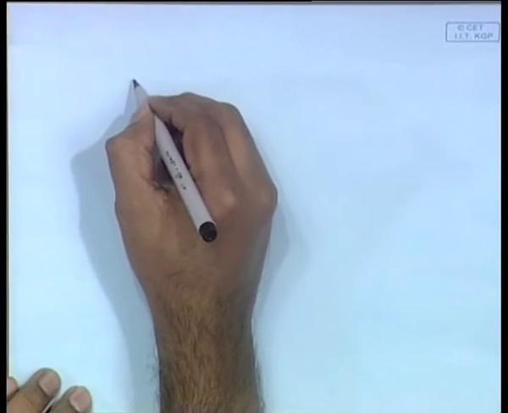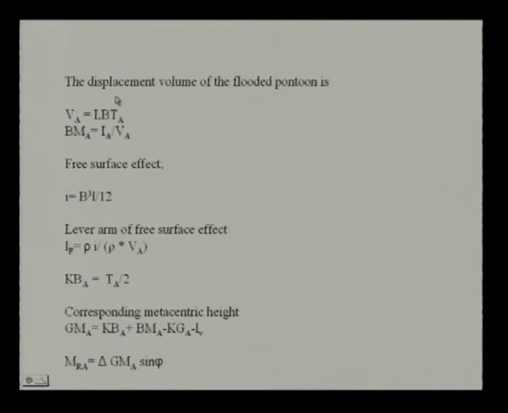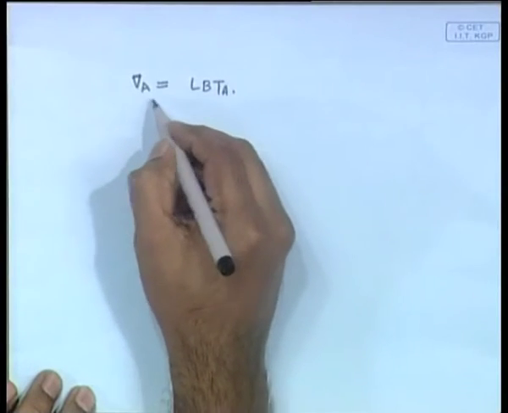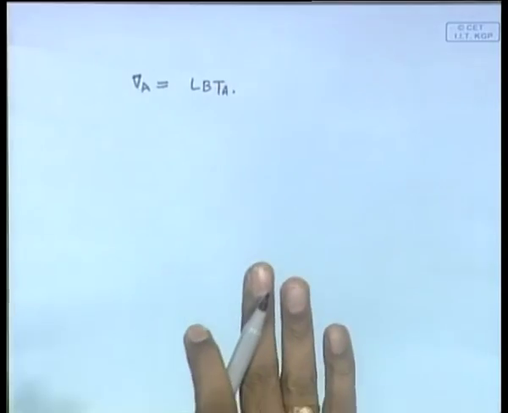Then the displacement volume. So, the final volume of the flooded pontoon, the displacement volume, is L B T A. Okay. So, this del A is the final volume; pontoon means that whole vessel, it does not matter, it is the vessel.